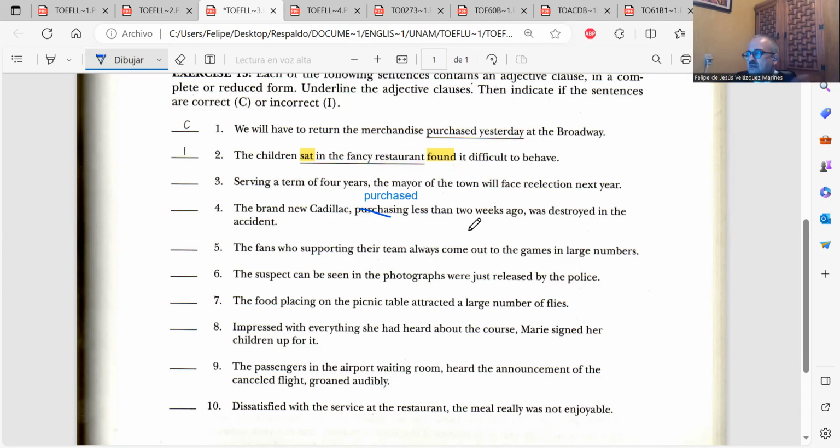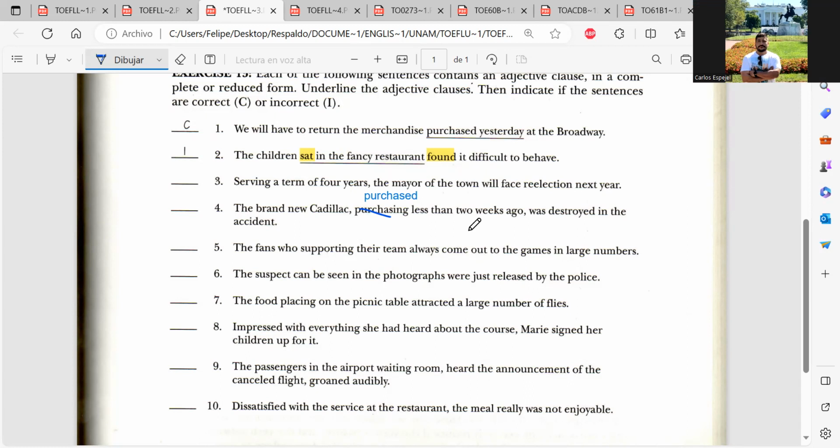It's not a rule. The only thing is, if you want to make it more formal, then you front it, because it's not the same to say the brand new Cadillac purchased less than 2 weeks ago was destroyed in the accident. This is like informing. But if you want to dramatize, you say purchased less than 2 weeks ago, the brand new Cadillac was destroyed in the accident. Okay.